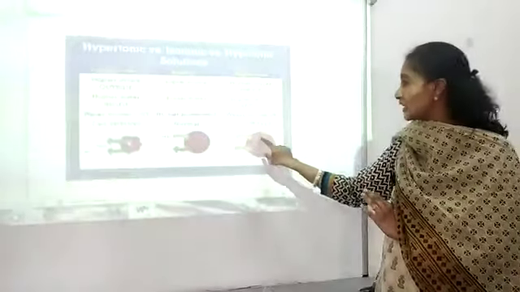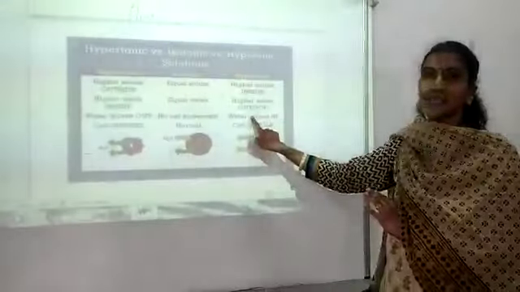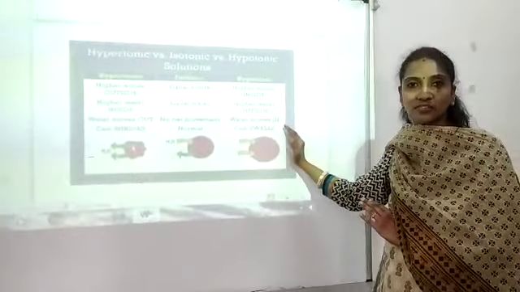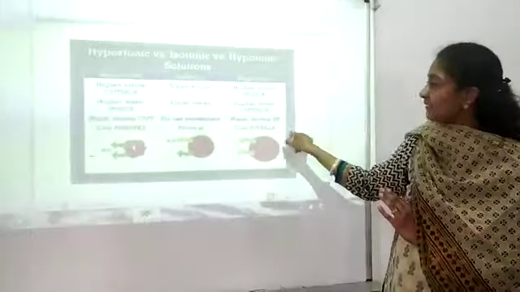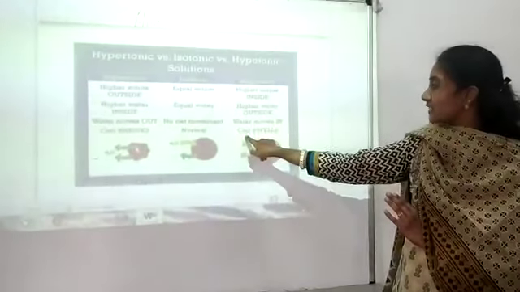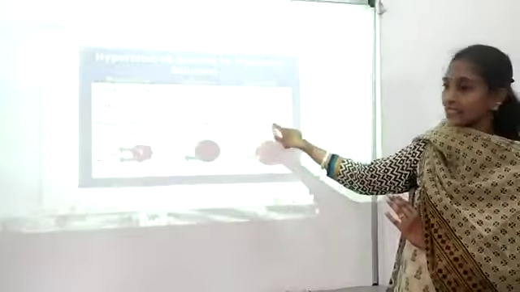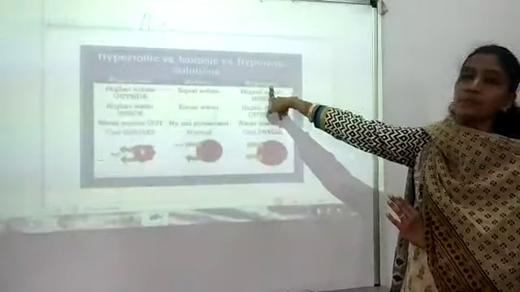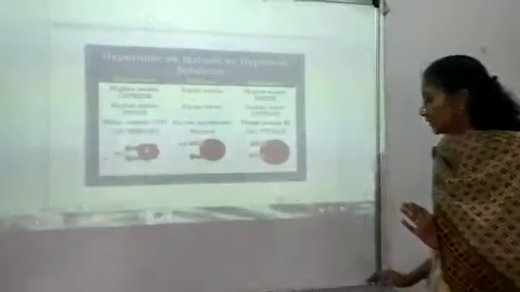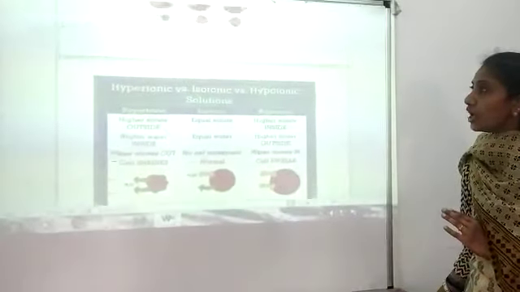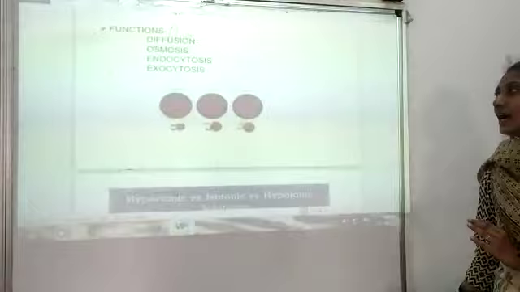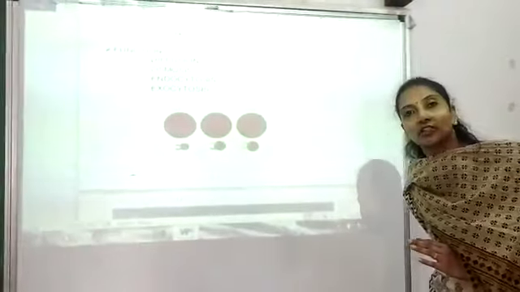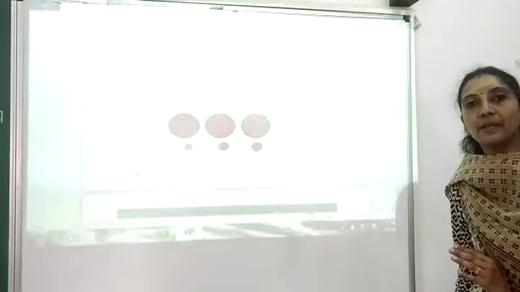That is, water is present more outside the cell. Hence, from the outer environment, it moves inside the cell. As and when it enters the cell, we can see the cell will swell up. Such a condition takes place in a hypotonic solution. So children, this also comes under osmosis, wherein the movement of substances takes place from higher concentration to lower concentration through a semi-permeable membrane.